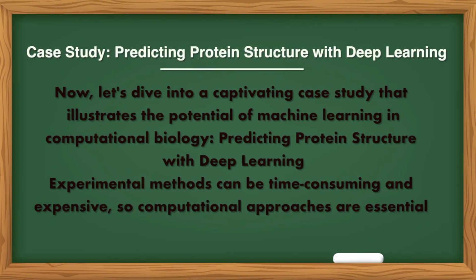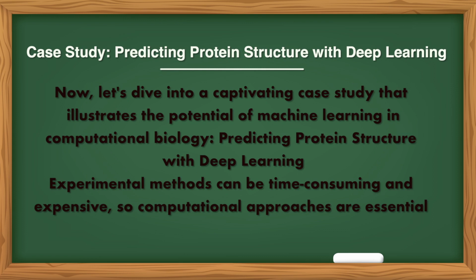Now, the case study is predicting protein structure with deep learning. So, let us dive into the captivating case study that illustrates the potential of machine learning in the field of computational biology. Understanding the 3D structure of a protein is crucial for drug discovery and disease research.